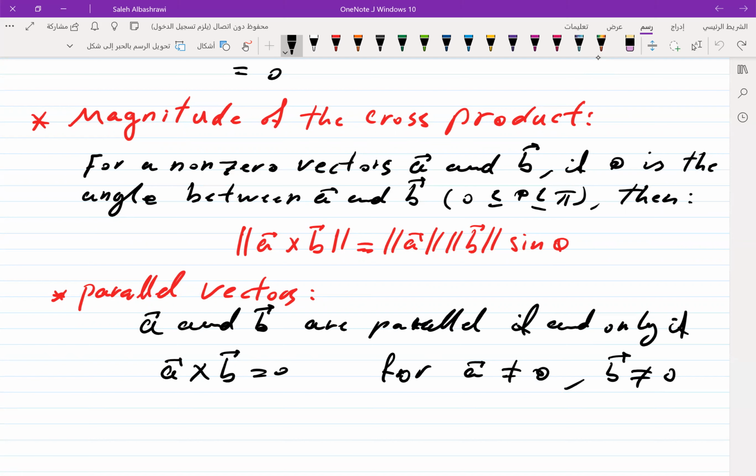If their cross product A cross B equals 0, then they are parallel. A cross B equals 0 if and only if they are parallel. Let's have one example for this one.